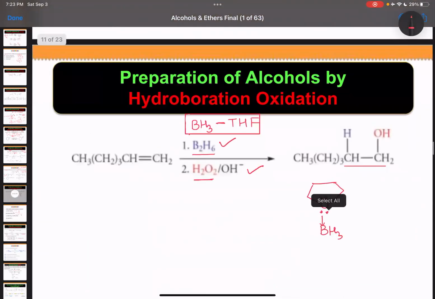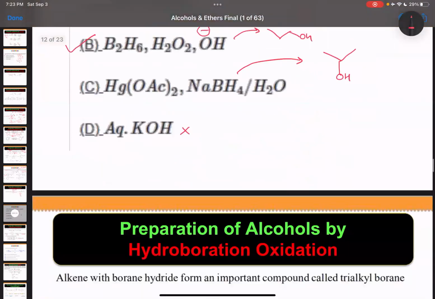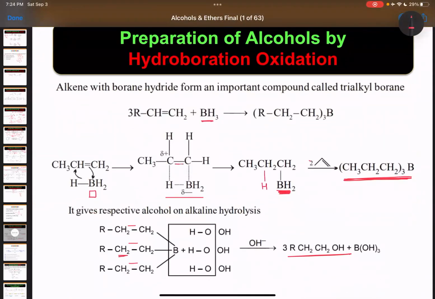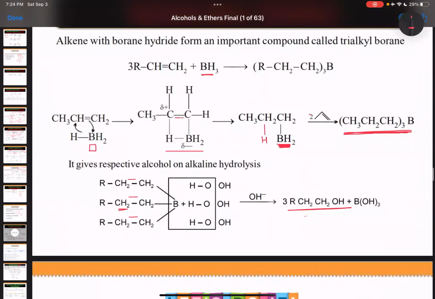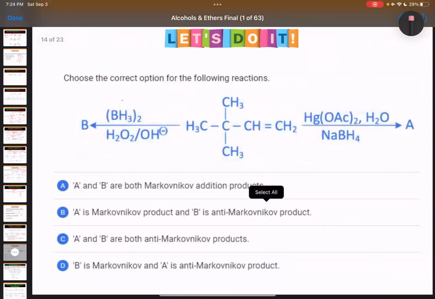Actually, we wanted to put the alcohol on the outer carbon, and that was anti-Markovnikov addition. So by adding borane and then reacting it with NaOH and H2O2, the purpose is to have alcohol on the outer carbon, and that is anti-Markovnikov. Is it clear, Memuna? Vamsi?